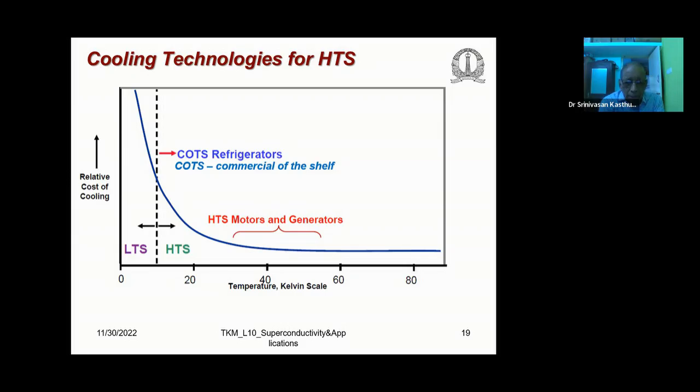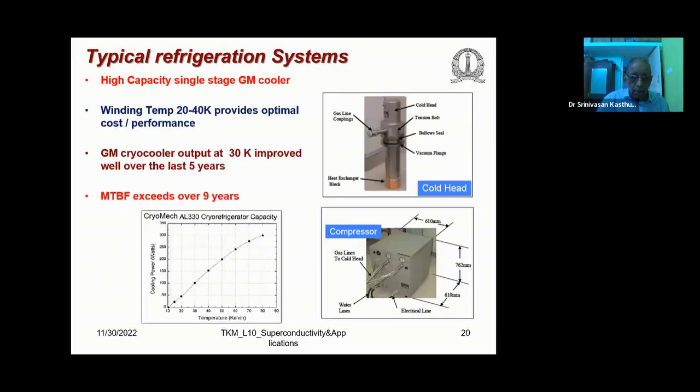For HTS motors, the temperature zones are in the range from 20 Kelvin onwards, some 10 Kelvin onwards. You have a temperature range from about 30 to about 55 Kelvin for HTS generators, and commercial off-the-shelf refrigerators are useful in these zones. For the low temperature systems, one normally uses liquid helium because that is quite effective. So these are the possible cooling technologies available.